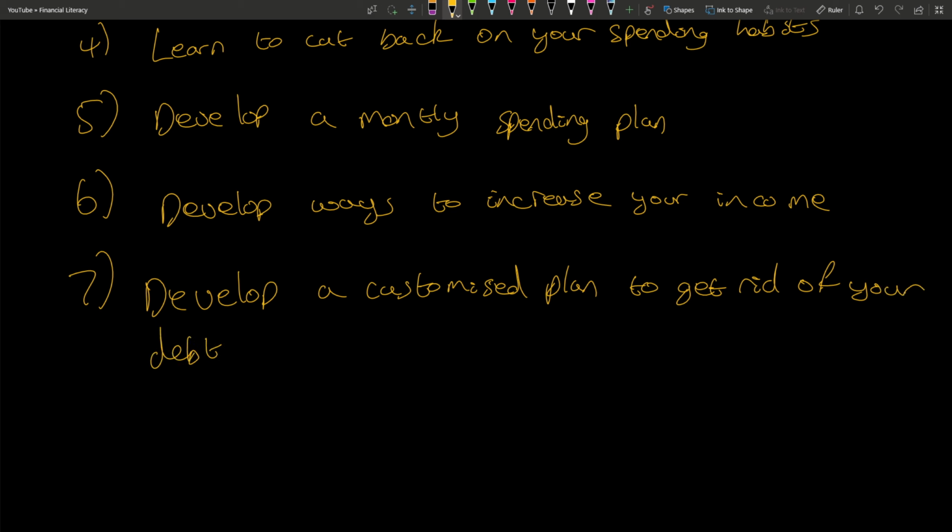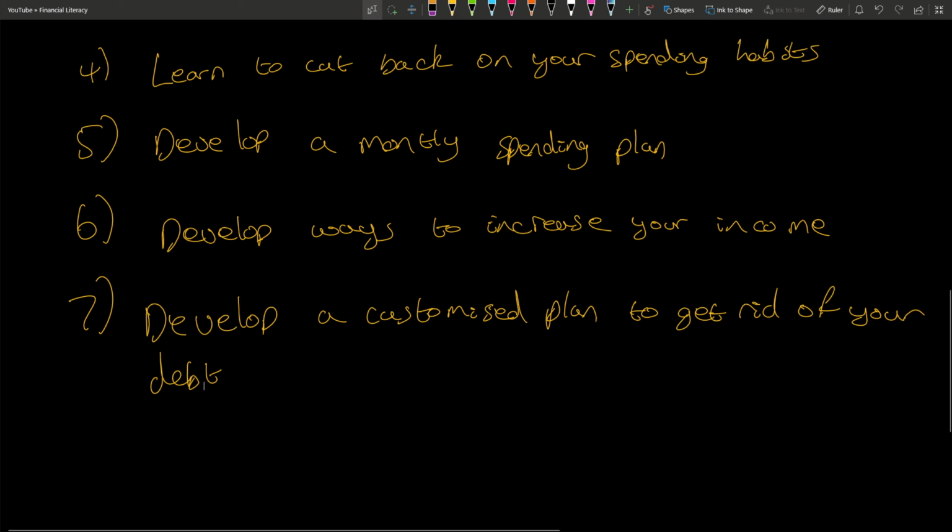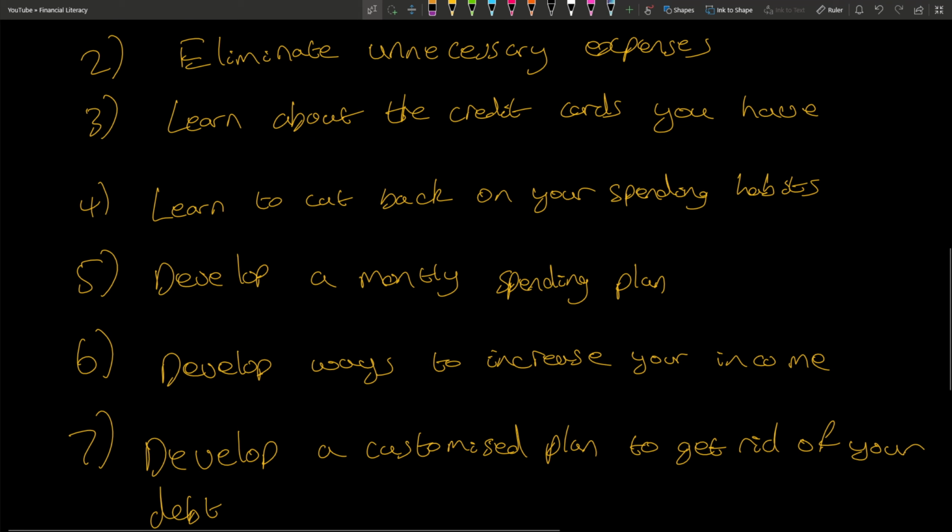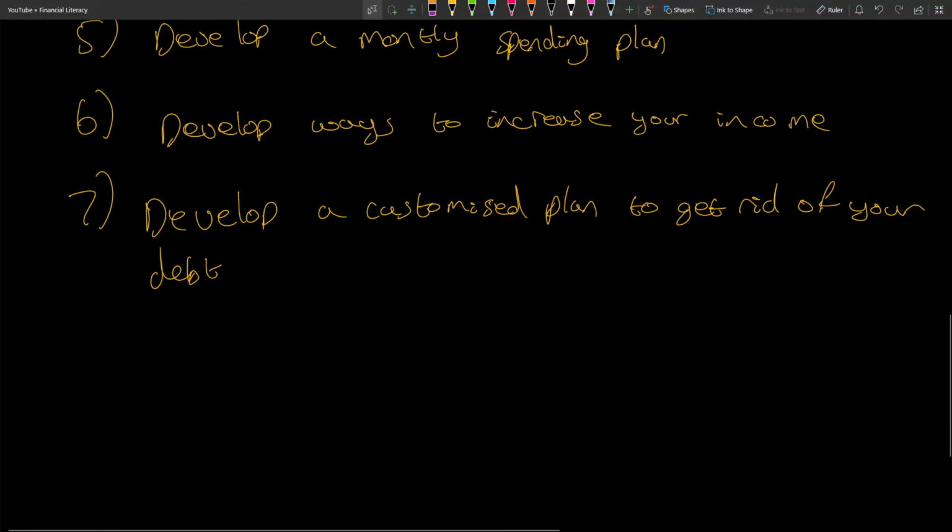It doesn't matter what sort of plan other people have. Ultimately, you gotta find a plan that works for you. You gotta determine what debts should be paid off first. Remember, I was saying back in step 3, when you learn about the credit cards you have, you can figure out which ones have to be paid first. That's part of your customized plan.